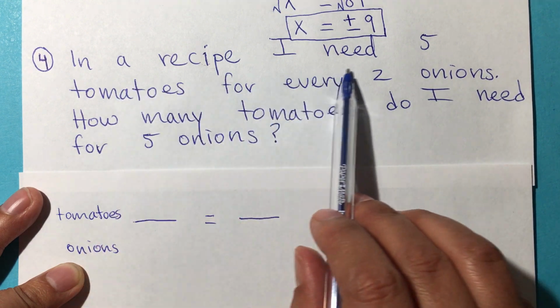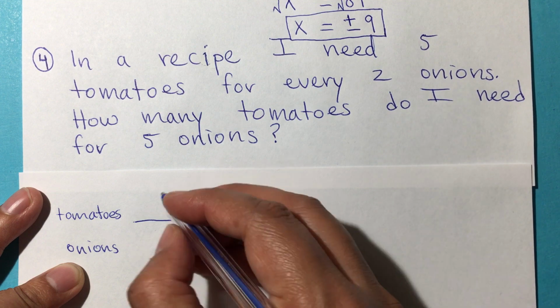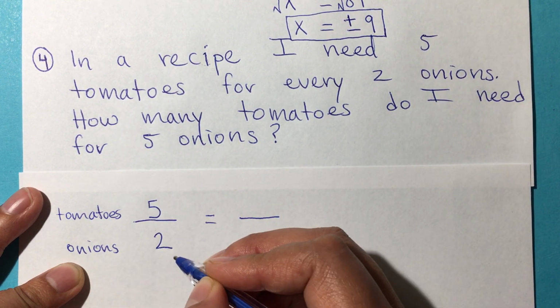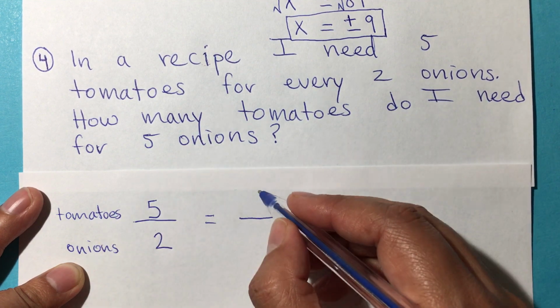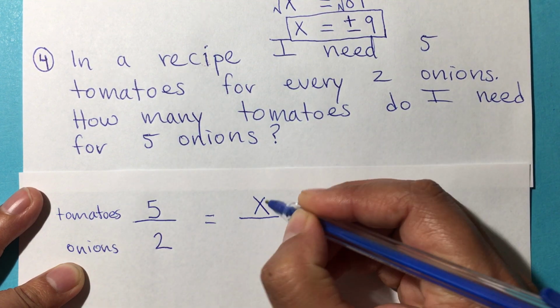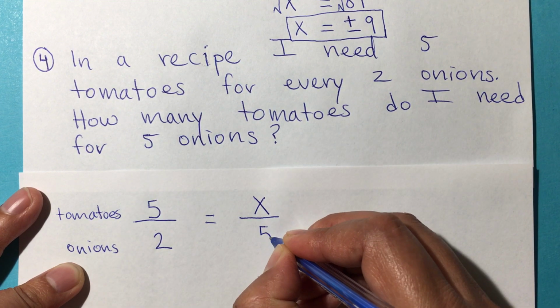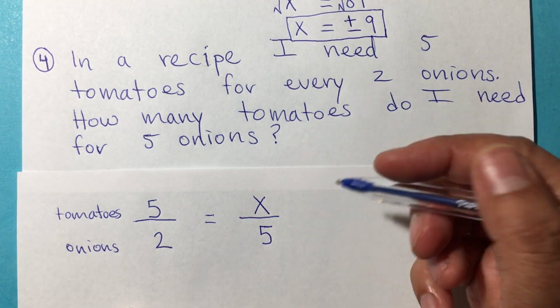So it says I need 5 tomatoes for every 2 onions. How many tomatoes do I need? That means that we don't know the number of tomatoes for 5 onions for the next ratio. Now we have our proportion and we can solve it.